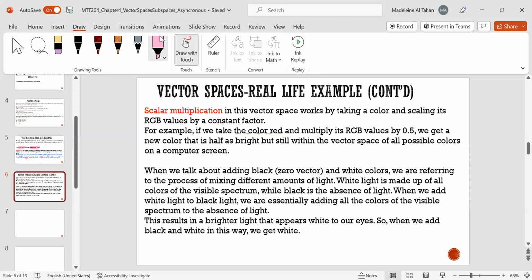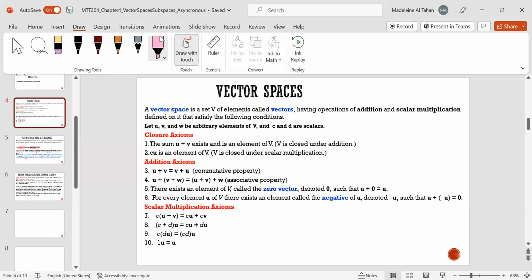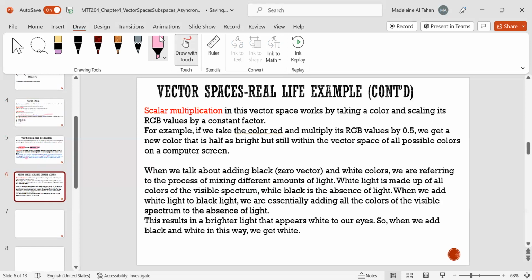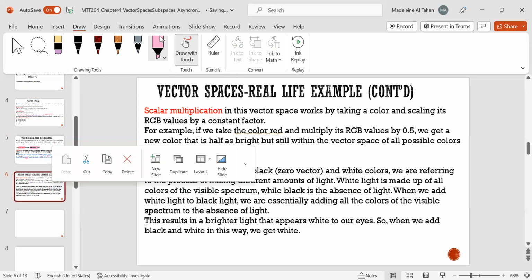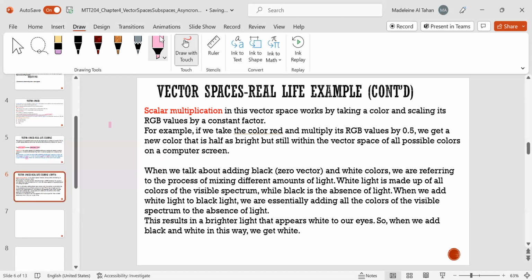Okay, but finally, what should we have also? We should have a condition that when we add u to 0, we should get u, right? This condition should be satisfied. Remember, what's our zero vector? Our zero vector is the black, and the black is lack of color.